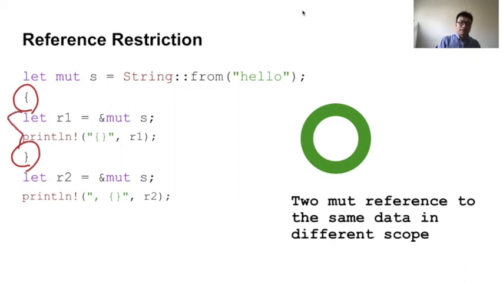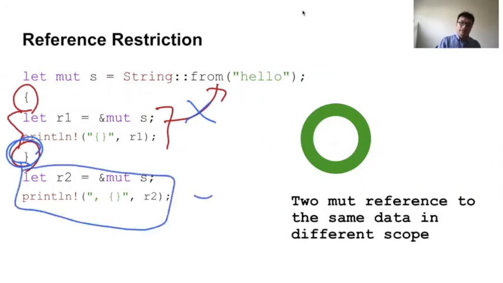Inside the scope, there's one reference here. Because once out of scope, we remove this reference, right? So we already removed this reference. Then we can continue to assign another reference to the string. So this is one way you can do it if you really want different variables to refer to the same string. So this is for today's lecture.